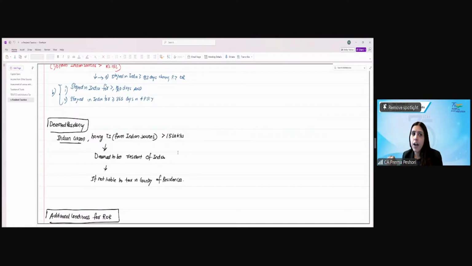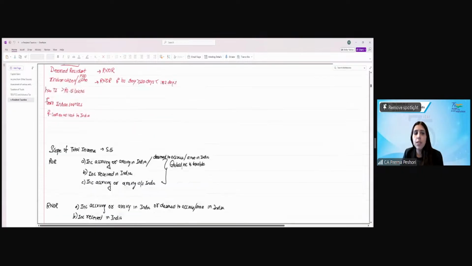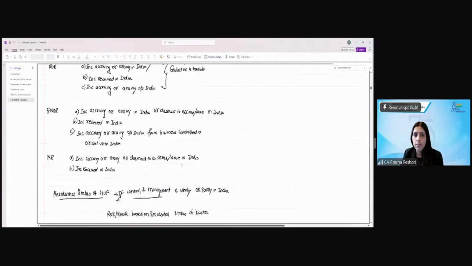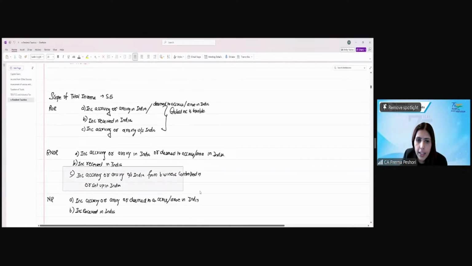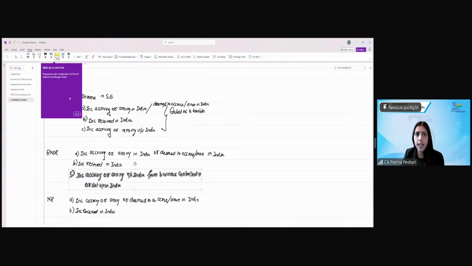Secondly, even if I had not created this concept of deemed residency, there is still a distinction between the NR and the RNOR. So for RNOR, this category of income is taxable. What is this category of income? Income accruing or arising outside India from a business controlled in or set up in India.